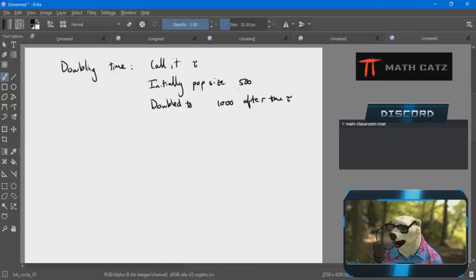If we want to find that doubling time, this means that y of this doubling time period is 2 times 500. Now, I'm not married to the 500. It could be anything. Let's change it.